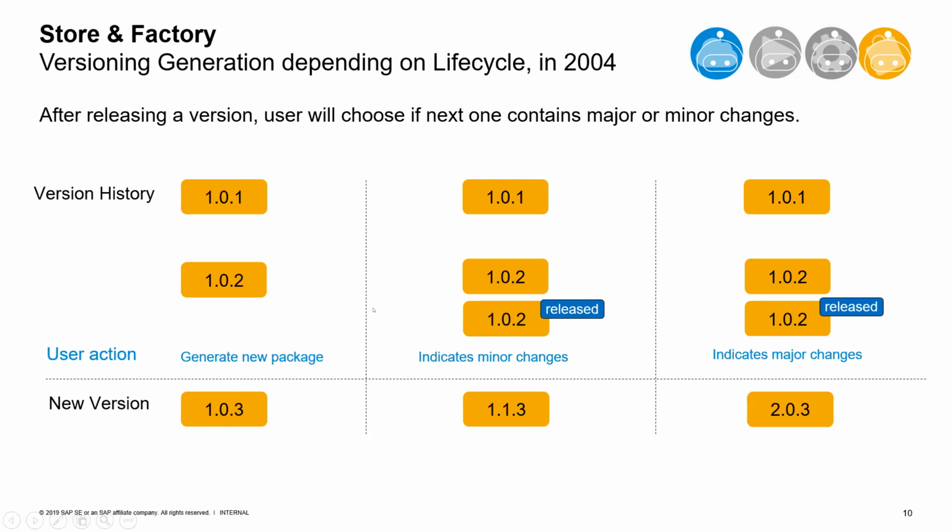This means that the user will have a choice, like in the demo, to choose between the minor version and the major version by indicating in the generated package what he wishes to do. The system will also help the user to decide whether a version increase is possible or not, depending on whether this package is still in the testing situation. So with this, that's it for the demo.